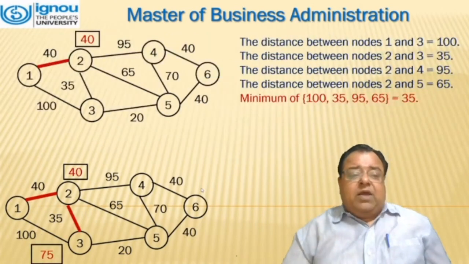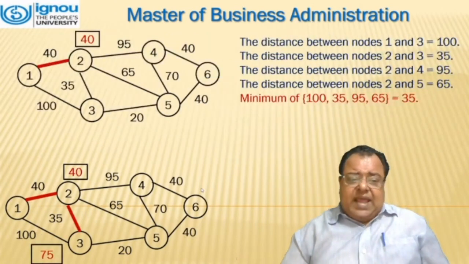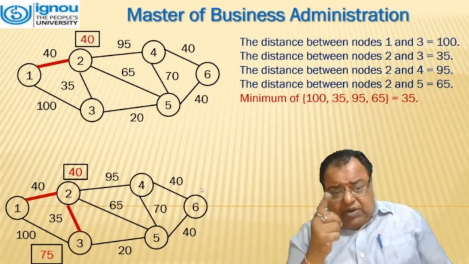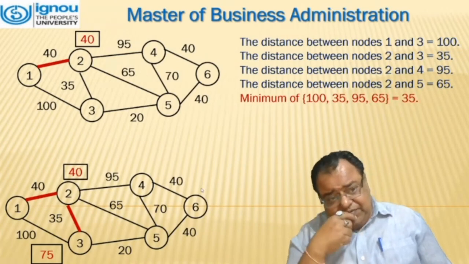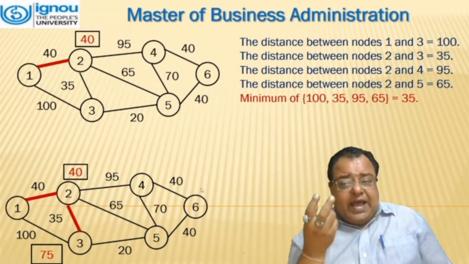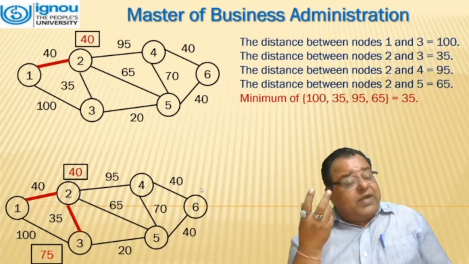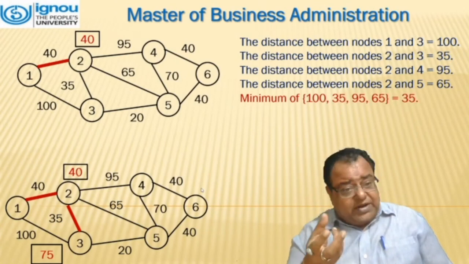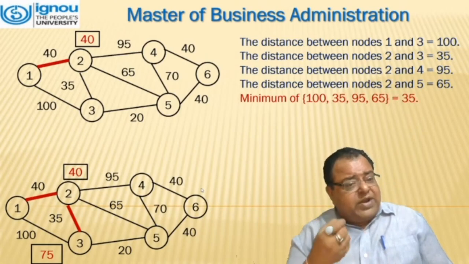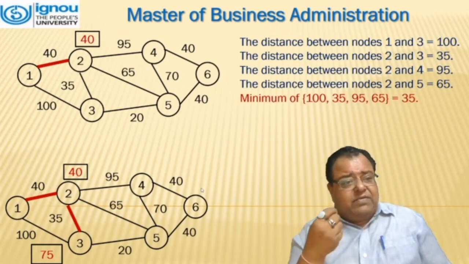Moving further, from 2, we can see on the diagram there are three events: 2 to 3, 2 to 4, and 2 to 5. That means we have to analyze the minimum distance in units. We can see from 2 to 3 it is 35, from 2 to 5 it is 65, and from 2 to 4 it is 95.